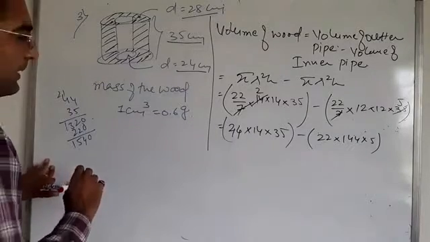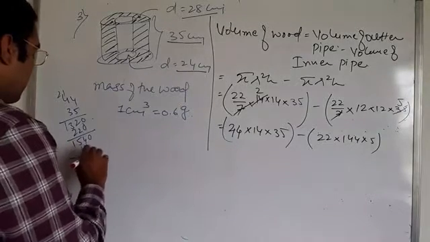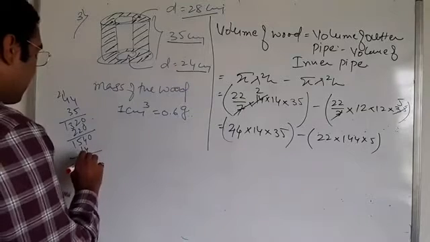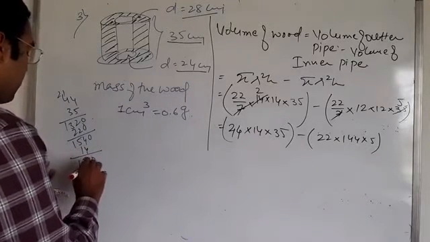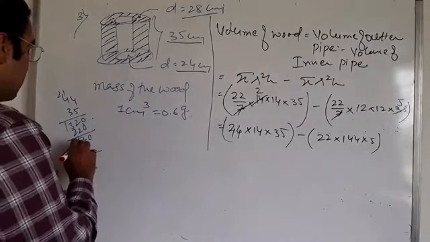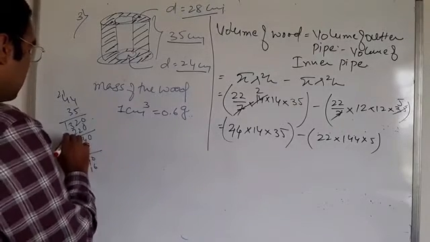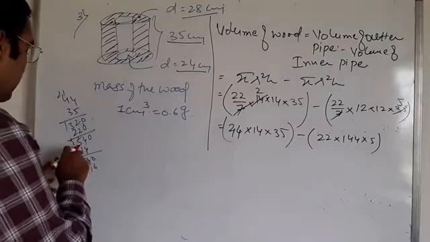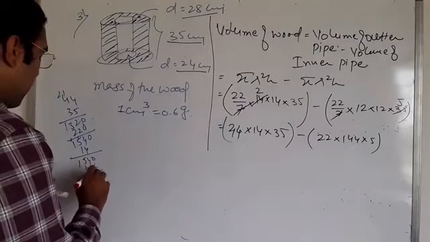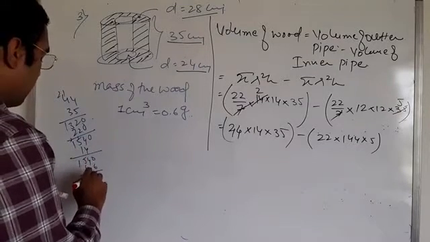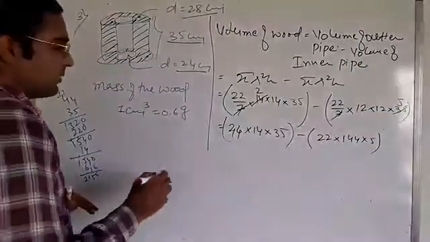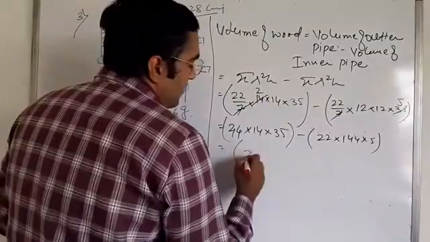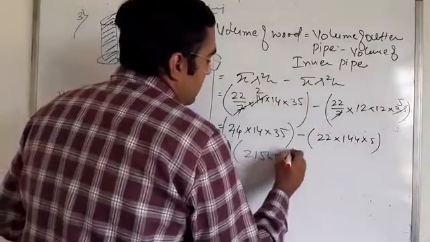Now I have to multiply that with 14. 4 1s are 4, 5 1s are 5, 1 1s are 1, 4 4s are 16, 5 4s are 20, plus 1 is 21, 4 1s are 4 plus 2 is 6. So my answer is 215600. My volume is 215600.